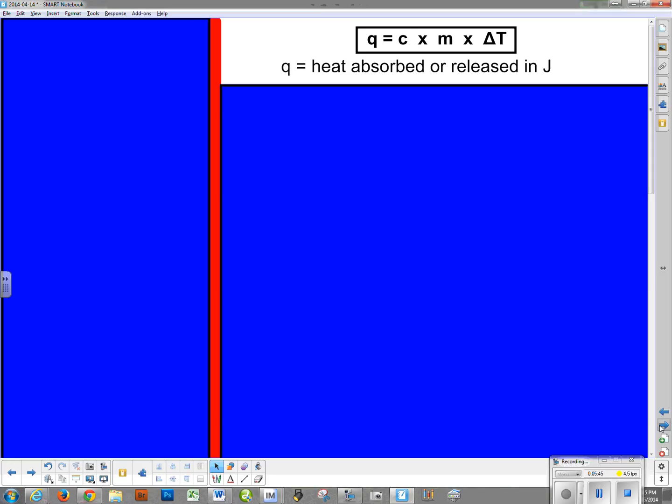Yeah. More heat, more temp. So, when it's released, where's that going to happen? We put it in the refrigerator. If it's a leftover, anything left over, if we're going to save it, we put it in the refrigerator. And so, in the refrigerator, is it absorbing or releasing heat?